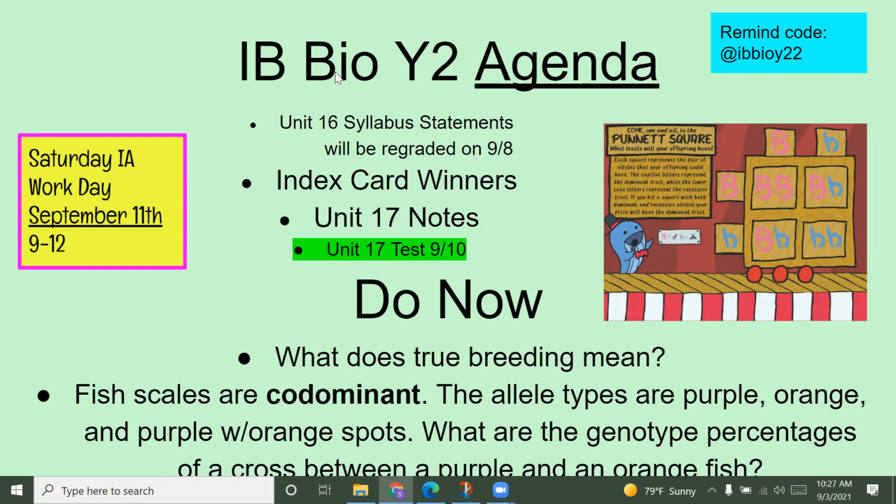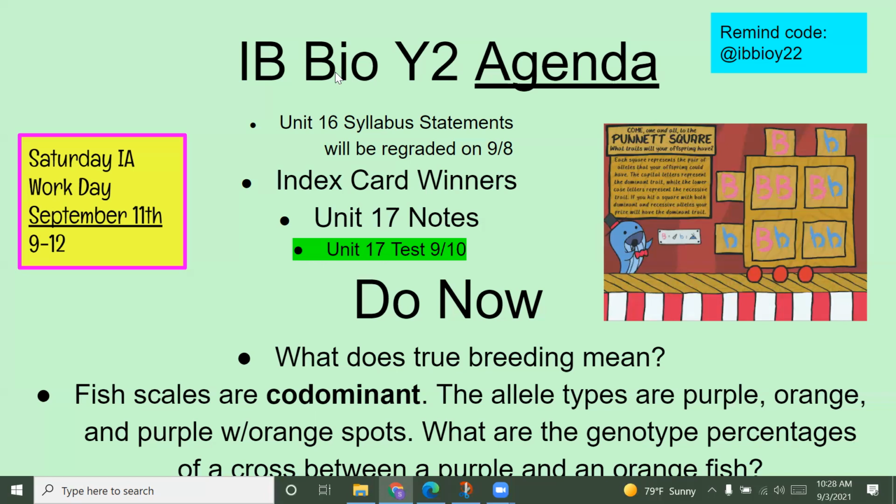Fish scales are codominant. Nikki, what did your alleles look like? We had purple, orange, and purple and orange. What allele symbols did you use? Yes, so we're going to have a superscript.